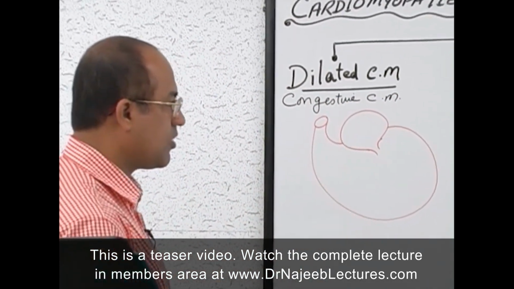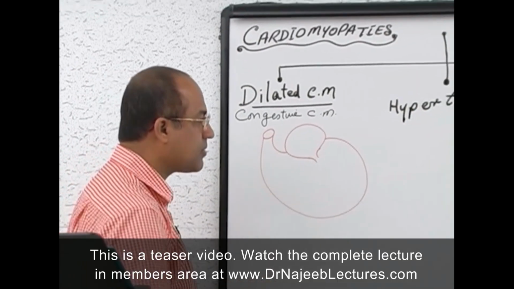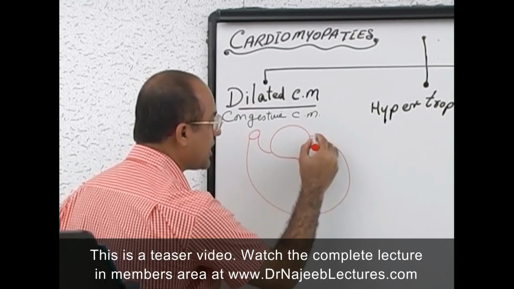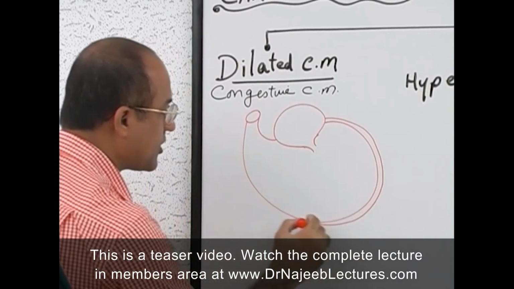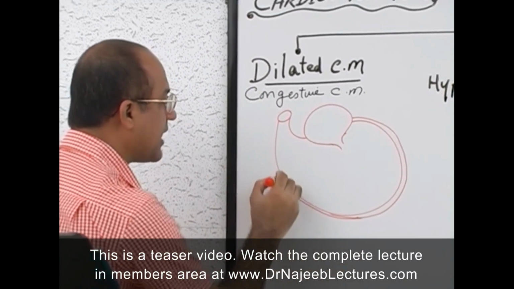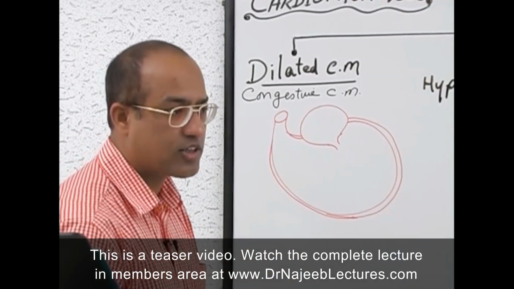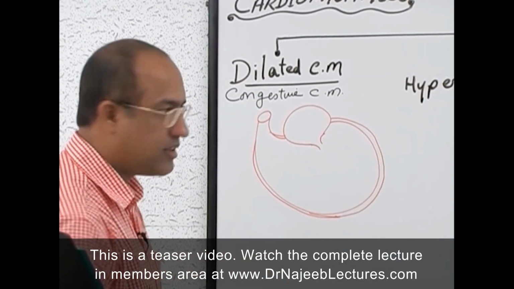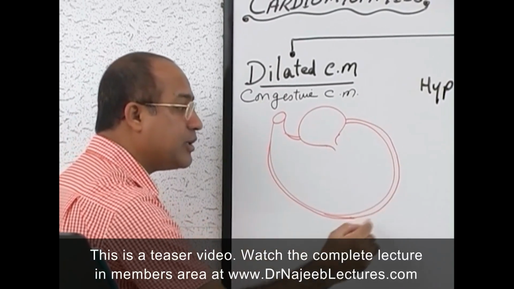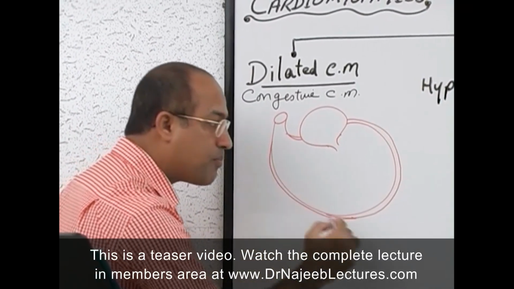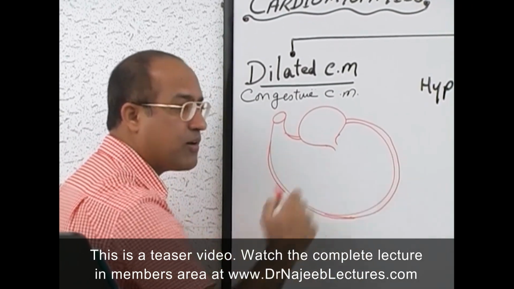In this case, the myocardium becomes ballooned out. It's pathologically dilated, and this pathologically dilated myocardium cannot contract well. There is global hypokinesia of the myocardium. There is global impairment in the movement of myocardium.